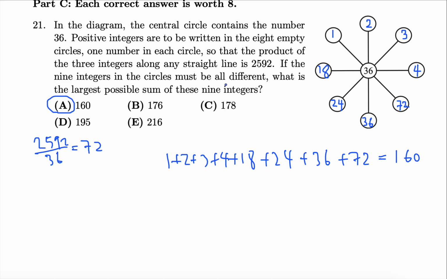Oh, wait a minute. If the 9 integers in the circle must all be different, I see what I did wrong. So this one and this one are the same, right? So we can't use 2 and 36. So let's correct it with a different color.